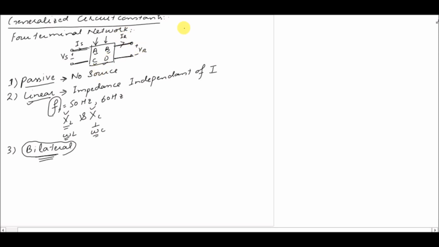We can write that Vs is equal to A VR plus B IR, and Is is equal to C VR plus D IR. These are the generic constants for each transmission line. Once we know these constants, we can find Vs, Is, or we can find Vr, Ir if we know Vs or Is.